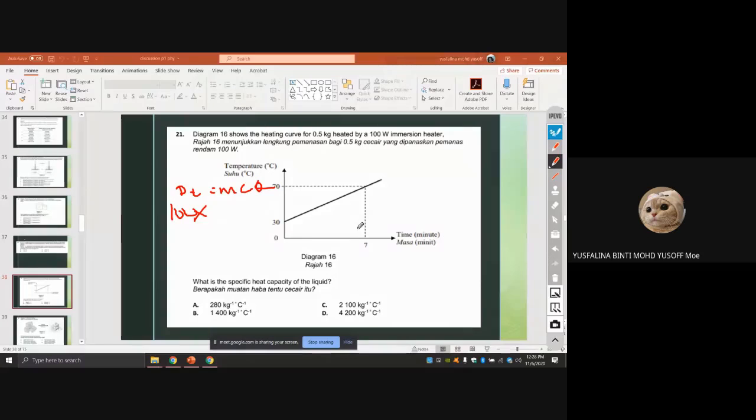The time here is 7 minutes, change to seconds, 7 multiplied by 60, 420. The mass here is 0.5, c you need to find. Theta is 70 minus 30, the increase in temperature, so you get 40. Then you just use the calculator. So number 21, the answer is C, 2100.